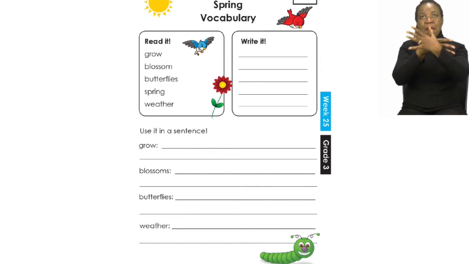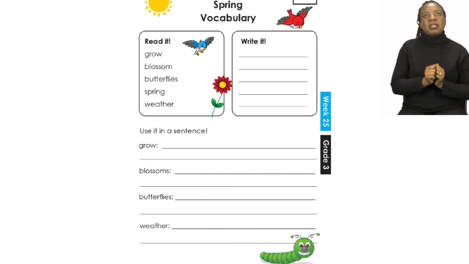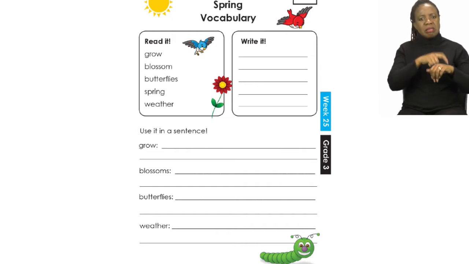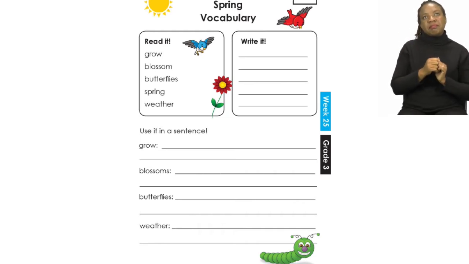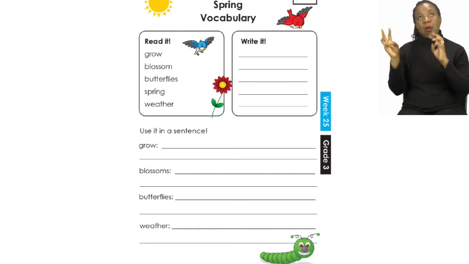Then we have the word spring. Now, spring is a season. Just like we have summer and winter, we also have spring and autumn. Each season is different, and we're going to be learning more about spring as the week goes on. Then the last word is the word weather.